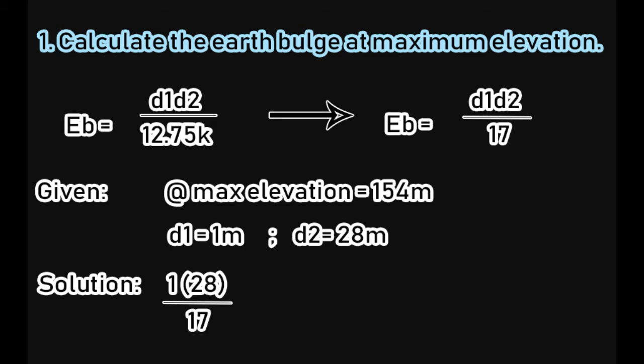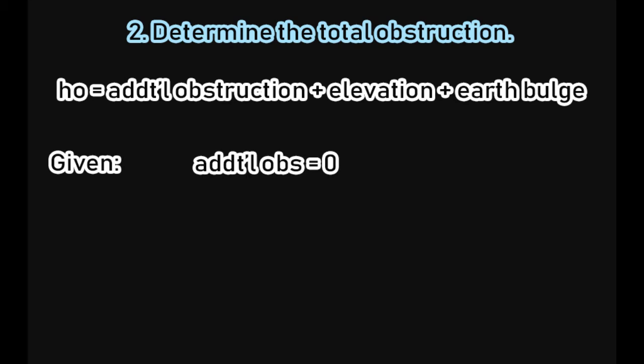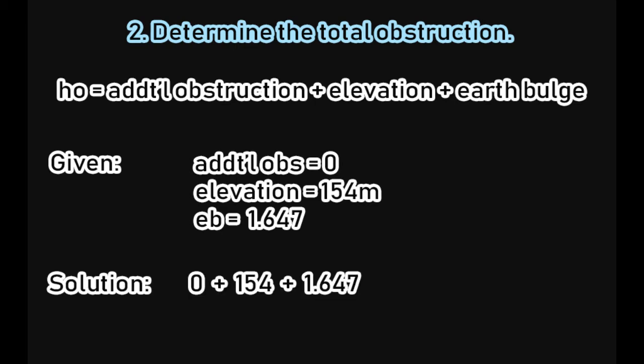Then we'll get 1.647. For the total obstruction, we'll be using the formula additional obstruction plus elevation plus earth bulge. Since there is no additional obstruction for dry rocks, it'll be elevation plus earth bulge. We'll have 155.647 for the total obstruction.